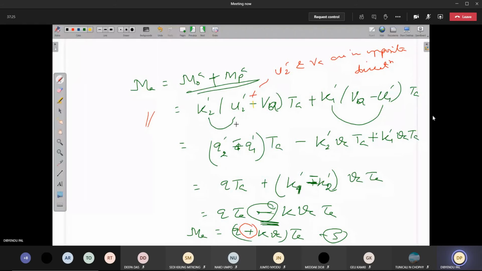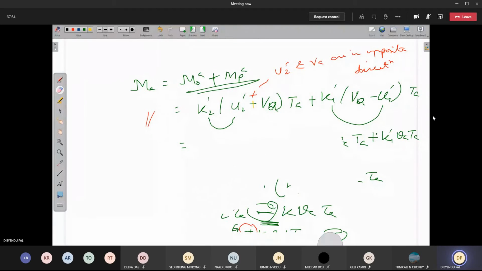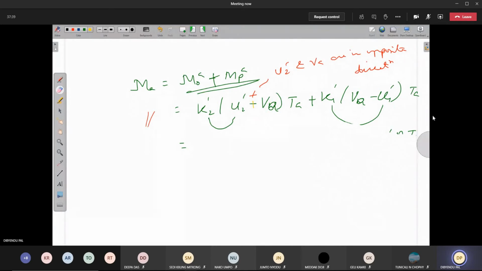I had written something wrong, so I am just removing it. Since this is 0, this part is not there. So ultimately this value is nothing but equal to Q plus K VA into TA.